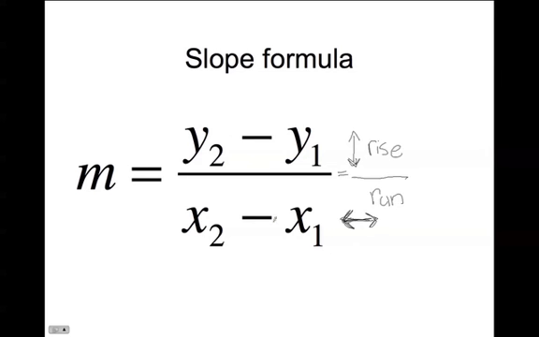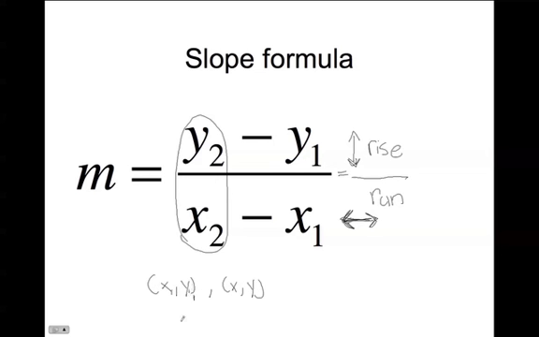The first thing we need to remember is that when we're given points, we have a point that's always in the form x comma y, right? And let's say we have another point, and that's also going to be in the form x comma y. The way we get these x2 and y2 is we pick a point, and if this point is point 1, then this is x1 and y1.